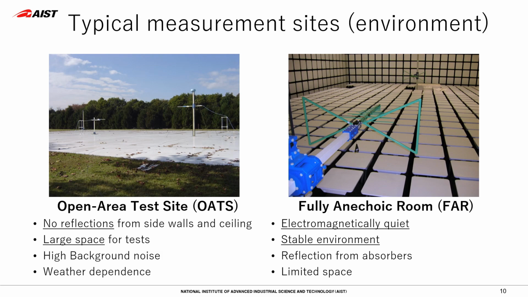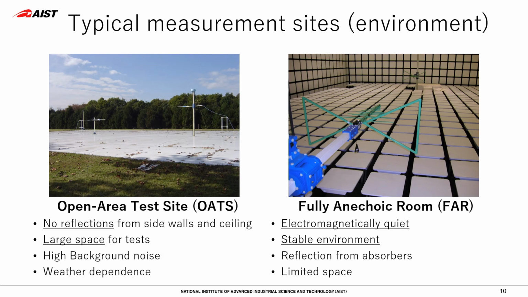To uniquely define antenna characteristics, free space is an ideal environment to carry out the measurement. A fully anechoic room, FAR, is a shielded enclosure with electromagnetic absorbing material on the inside surface. Although the construction of a FAR costs very high, you can get remarkable benefits such as an all-weather and temperature-stable environment.